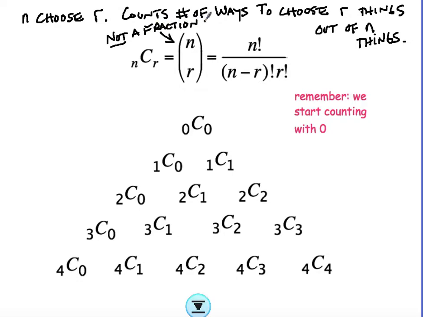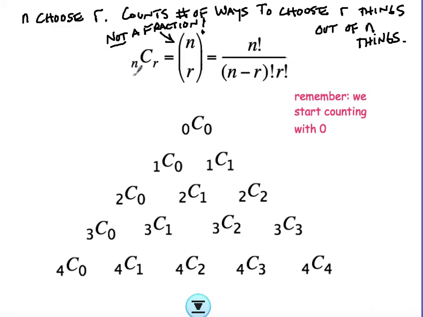So if you accidentally put a division bar here, you would be marked wrong because it is not n divided by r. This symbol represents n choose r. And then you can use either this notation or this notation. Both of those equal this statement right here.